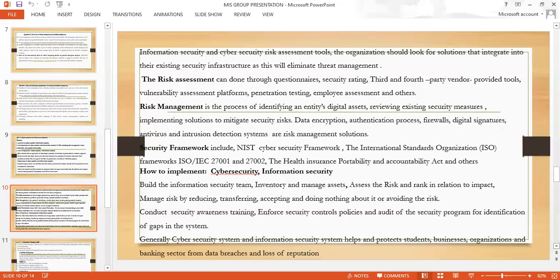We shall have to rate their security, are they safe? Then on risk management, as an entity, we shall use cybersecurity to reduce the risk, or transfer the risk, or accept the risk, or avoid the risk.